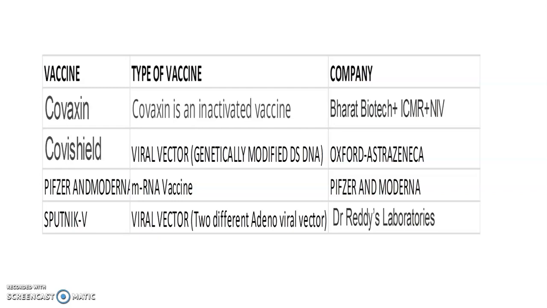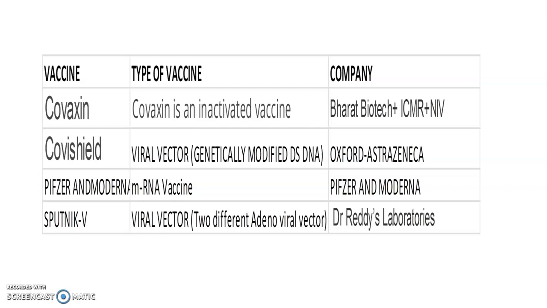Now what is the idea of using two different viral vectors? All the vaccines have two doses, the first dose and the second dose.